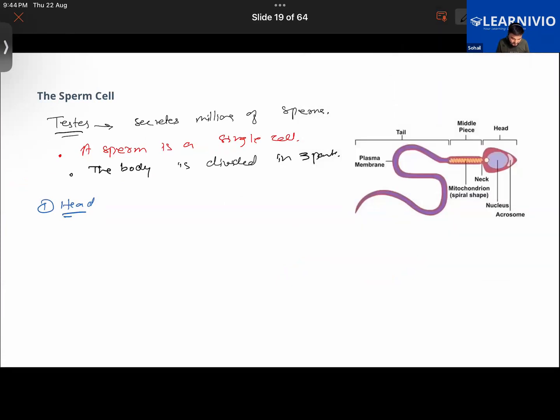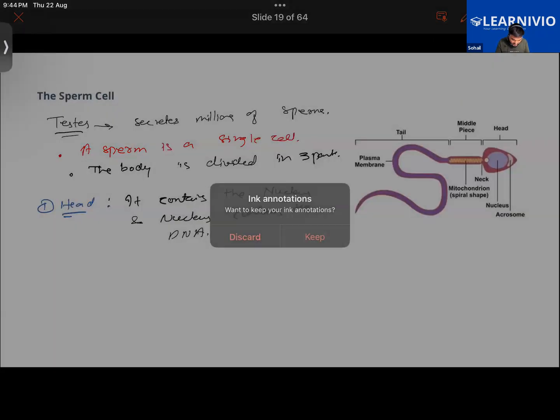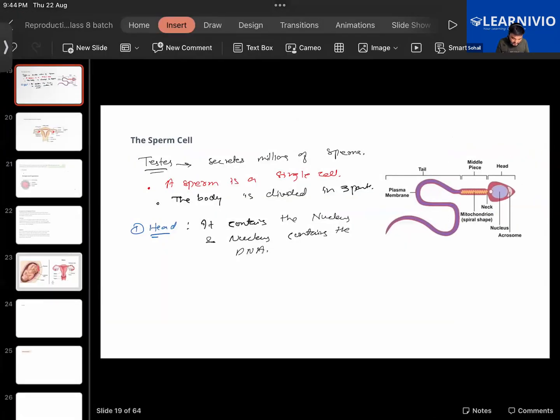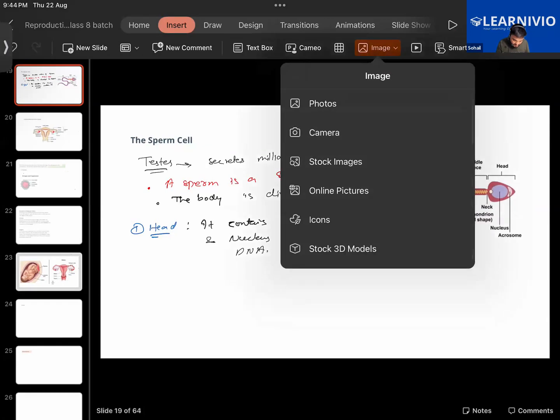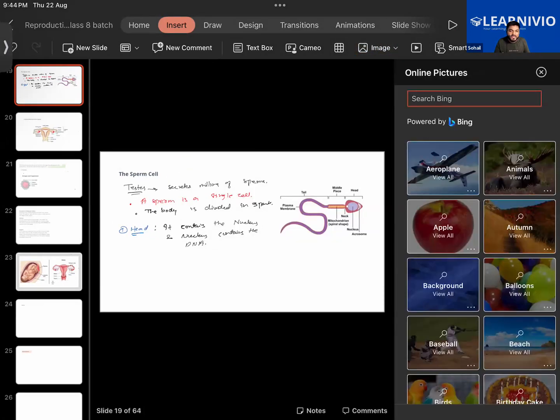So the head contains the nucleus, and the nucleus contains the DNA. Just allow me to show one image to you so that you get an idea of what the structure of the nucleus looks like, where the DNA is present.